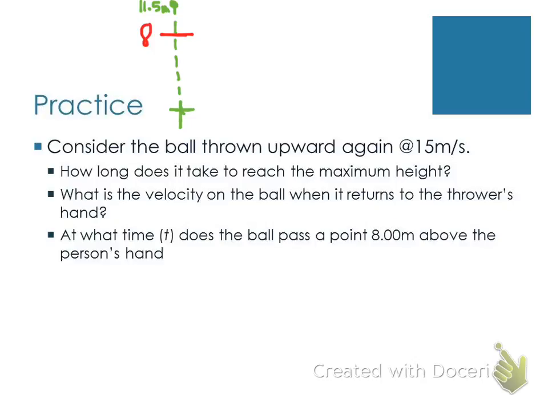So let's think about what we know again. We know that y is equal to 8. We know y sub 0 is equal to 0. We know v sub 0 is equal to 15. Do we know the final velocity at 8 meters? No, we didn't solve for that. What we're solving for here is time.